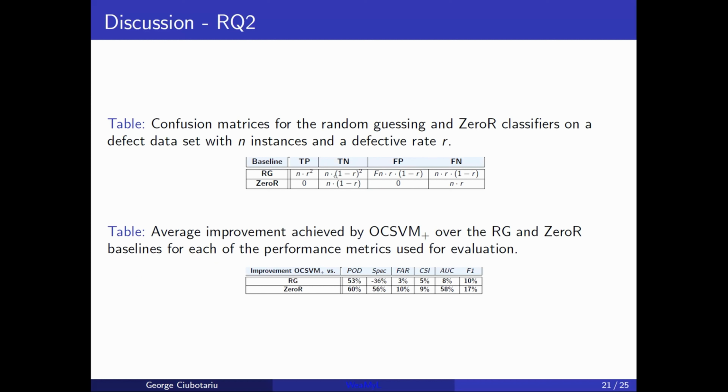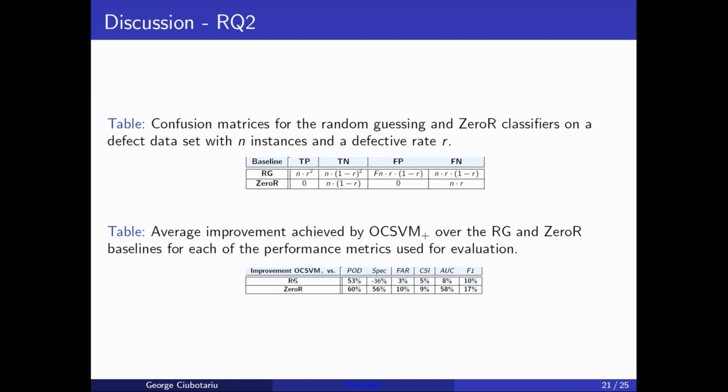So this is the confusion matrix for the random guessing hypothesis that we have with the dataset of n instances. And the 0R hypothesis means it would always return a non-defective instance. As we see, we have 0 and 0 here. It won't return any defects. So it's like a classifier that simply returns 0.